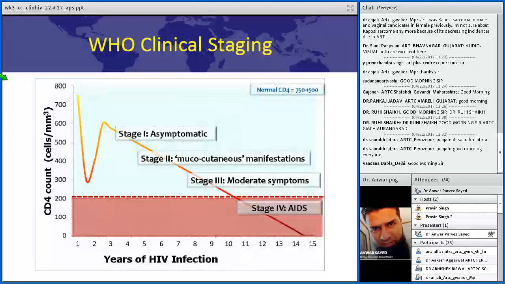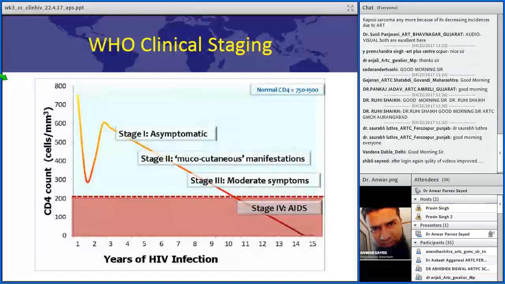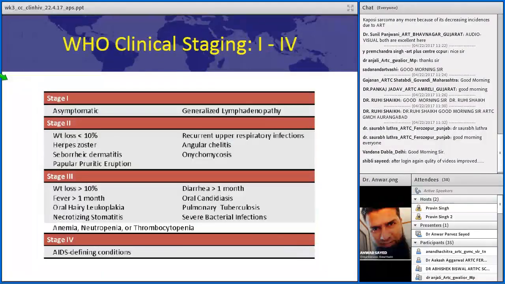So WHO clinical staging, as we mentioned before, also stage 3, as and when the CD4 declines, the risk of later stage illnesses like stage 4 illness or AIDS, the illnesses which are categorized in stage of AIDS will be more. This we have already seen in detail, like stage 1 is asymptomatic, stage 2, if we can just see broadly, weight loss less than 10%.